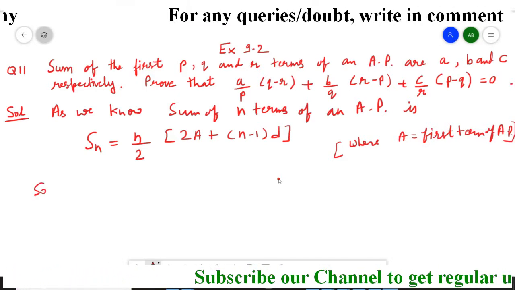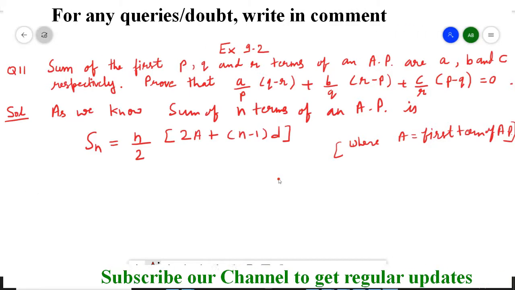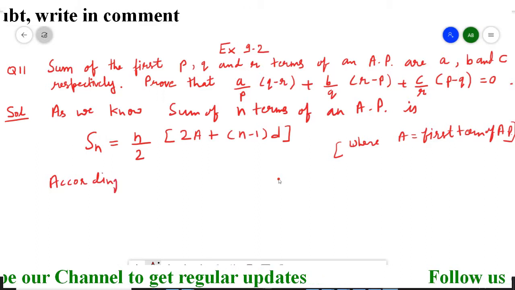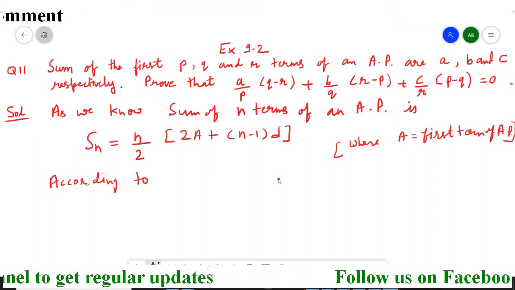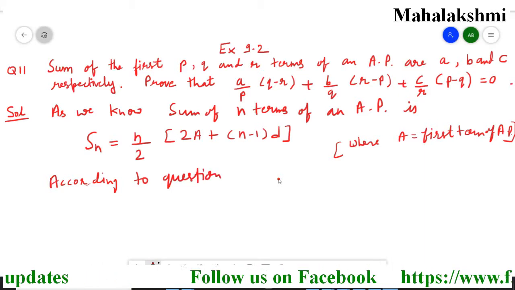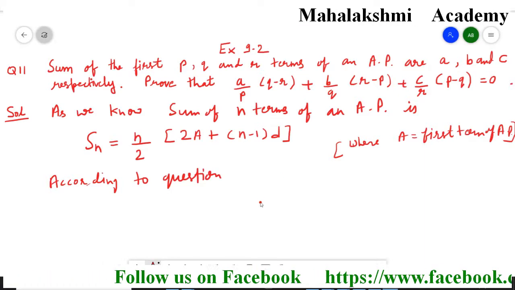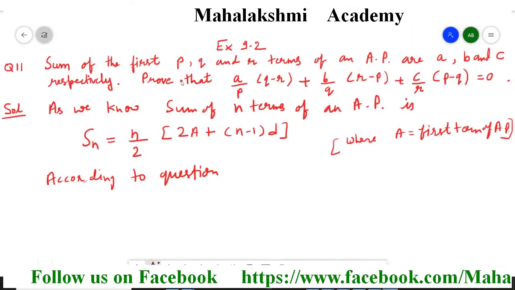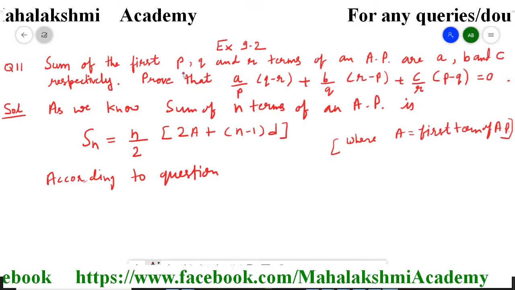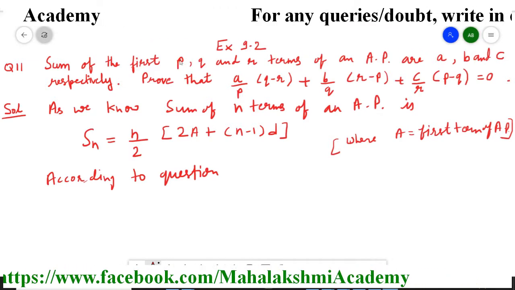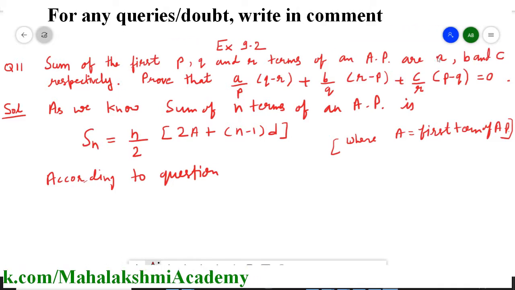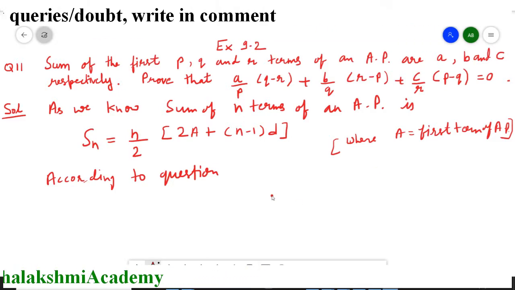So now according to the question we will do. According to the question, what is given to us? The sums of p terms, q terms and r terms are a, b, c. So the sum of p terms means Sp. Here instead of n we will write p. So Sp is equal to a, given to us.